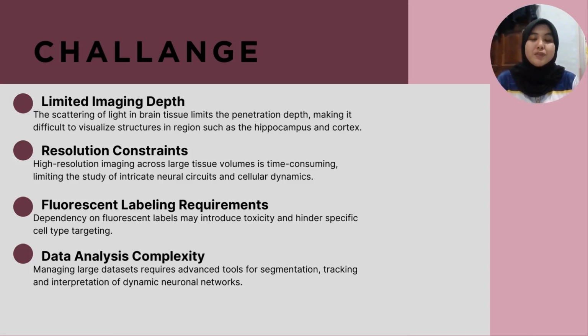The third one is fluorescence labeling requirements, where dependency on fluorescence labels may introduce toxicity and hinder specific cell type targeting. The last one is data analysis complexity, where managing large datasets requires advanced tools for segmentation, tracking, and interpreting dynamic neural networks.